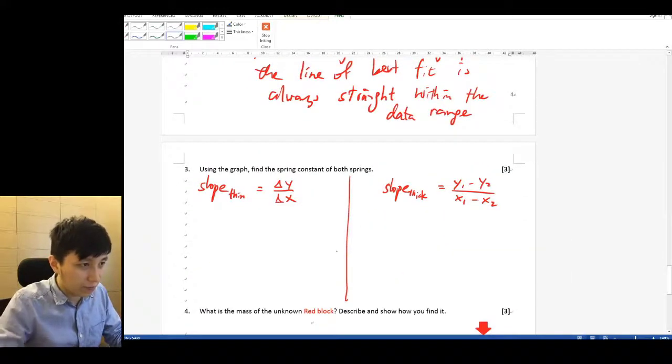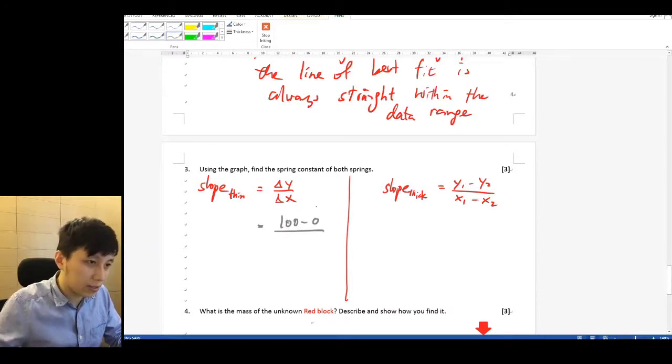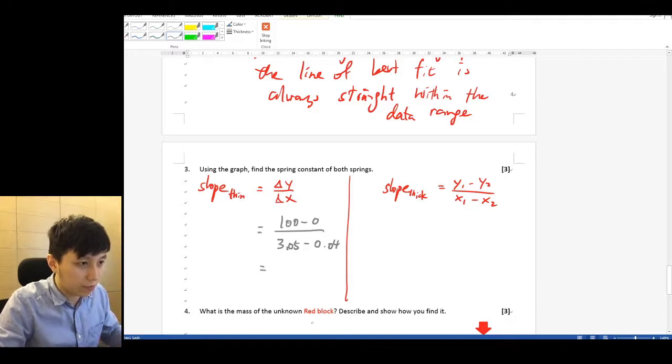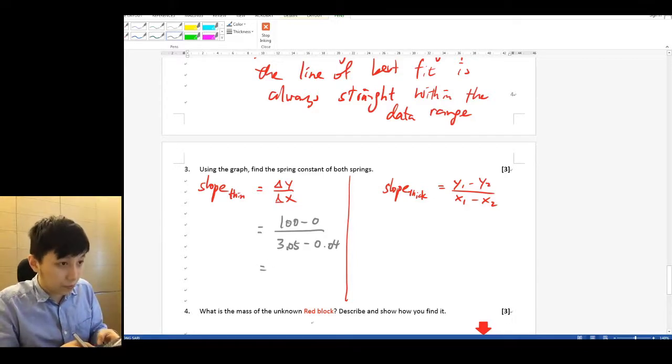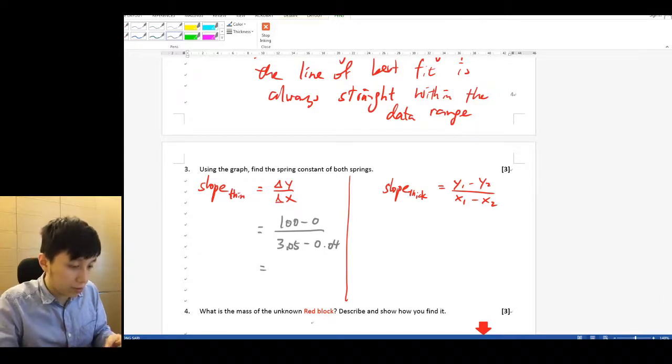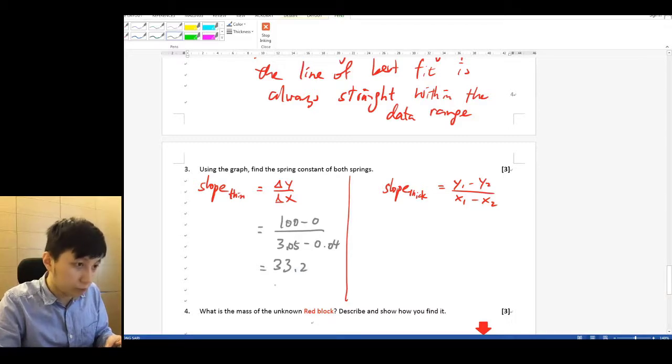So for the thin line, the y is going to be 100 minus 0, and for the x, what was it again? 3.05 minus 0.04. Using the calculator, 100 divided by 3.01 gives about 33.2, and 3 sig fig would be good.